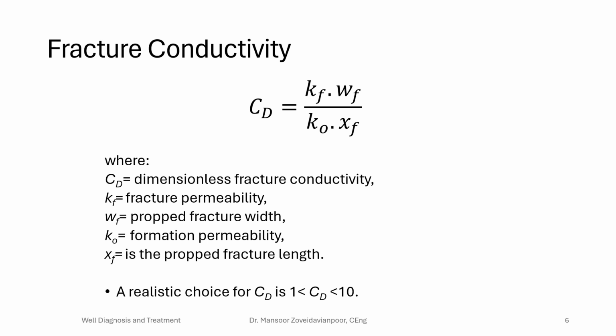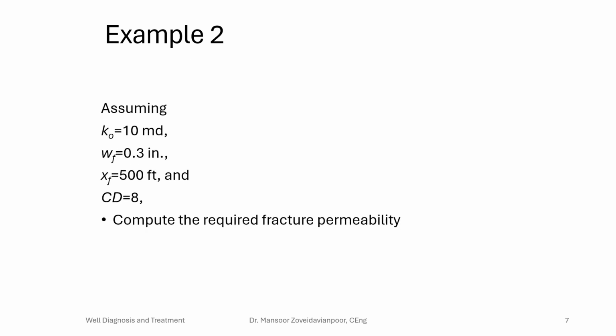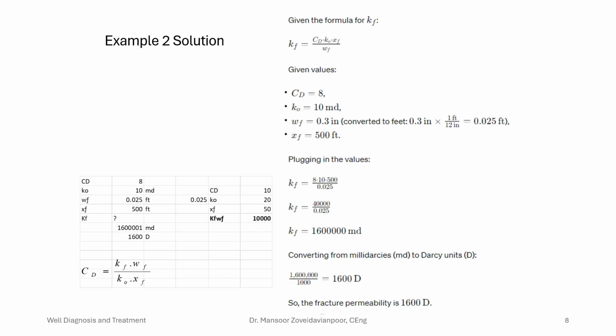So for example number 2, we need to compute the required fracture permeability, assuming K sub O is equal to 10 millidarcy, W sub F equal to 0.3 inches, X sub F equal to 500 feet, and CD is equal to 8. Okay, given the previous CD formula, we need to solve it for fracture permeability.